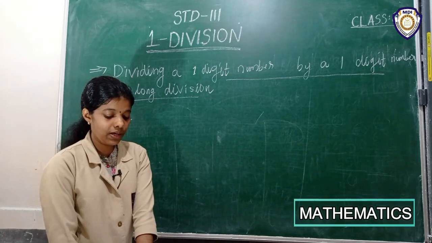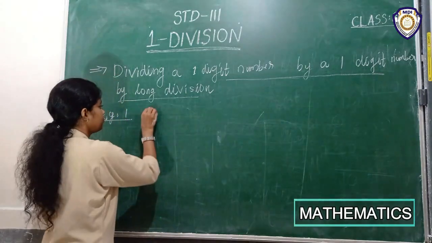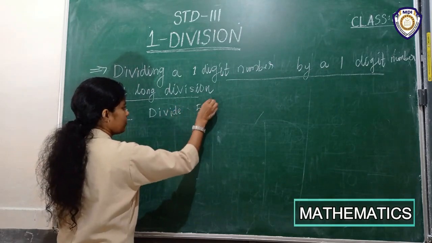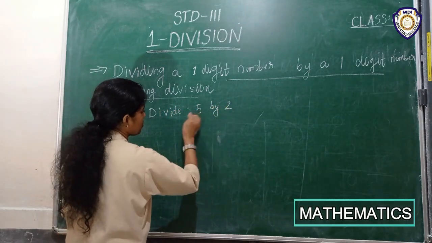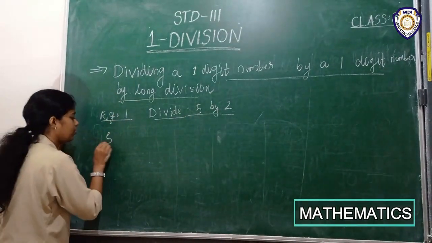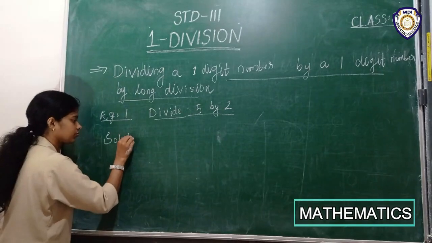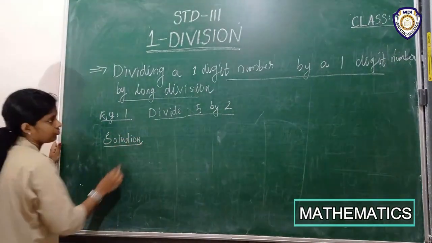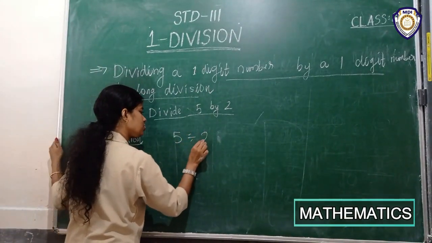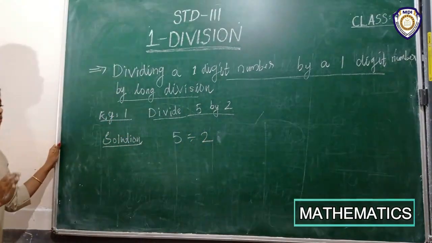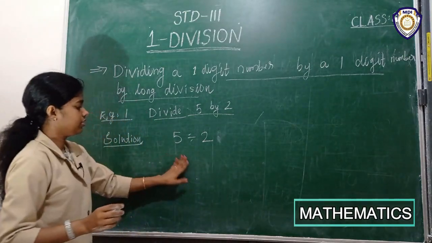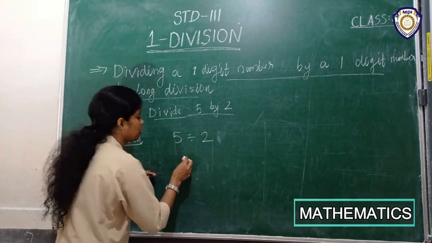Divide 5 by 2. How to solve this? Okay, all of you listen here. Firstly, 5 divided by 2.